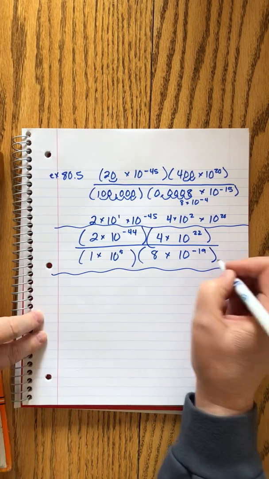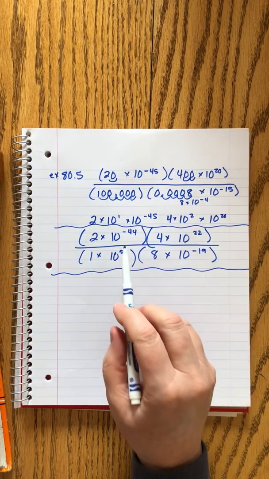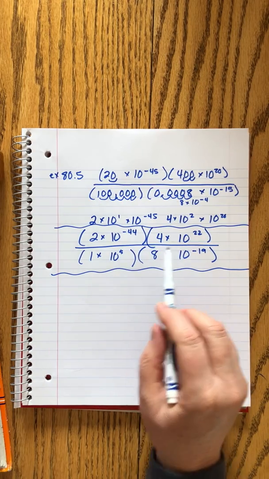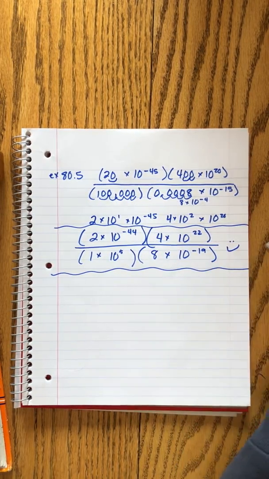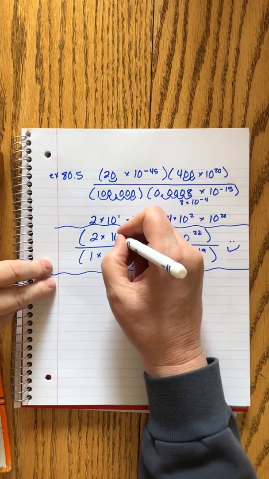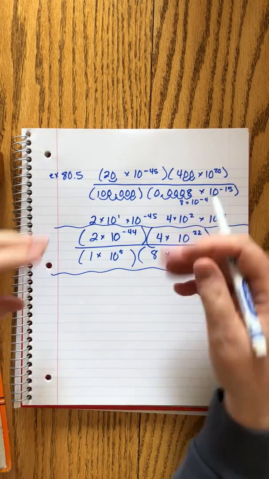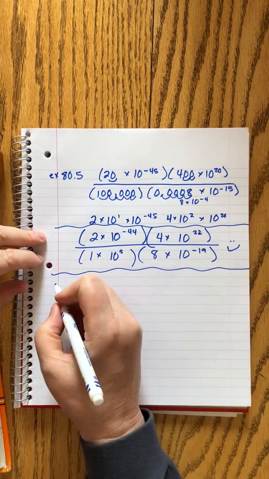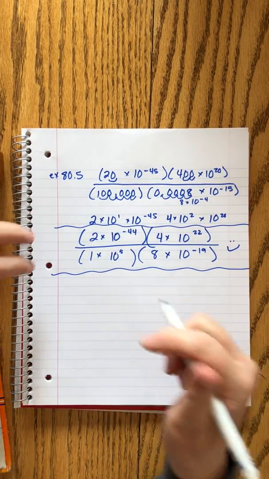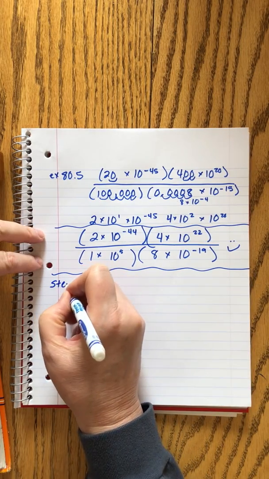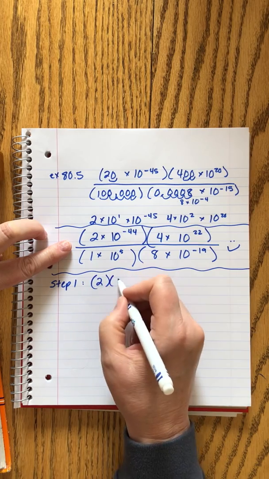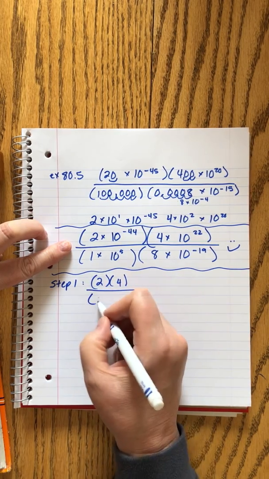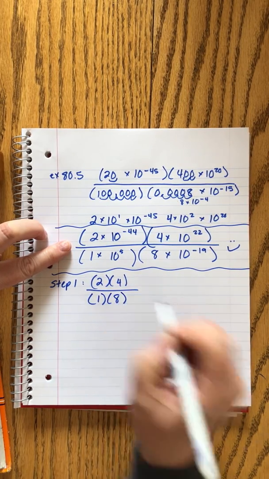Yes. I just checked my answers in the book, which you can't see, but it's right here next to me. And we got all those right. Yay. Do give yourself the favor of that halfway step so that you don't keep going with bad numbers. All right, so now we pull all of the numbers rather than exponents for step 1, and we get 2, 4 over 1, 8.